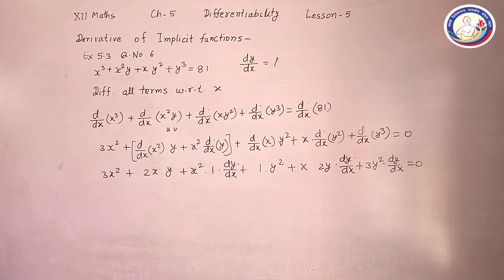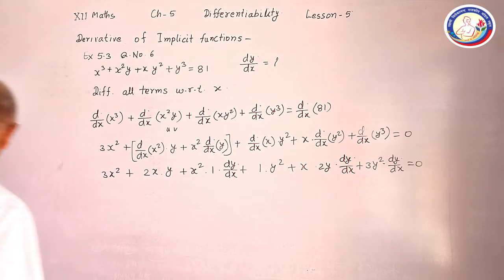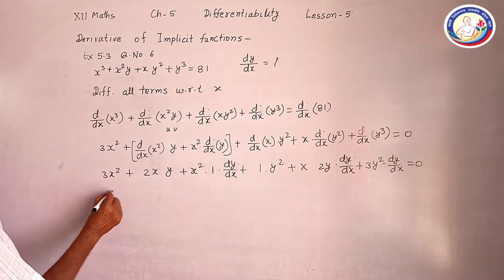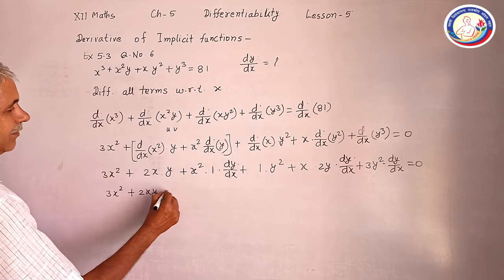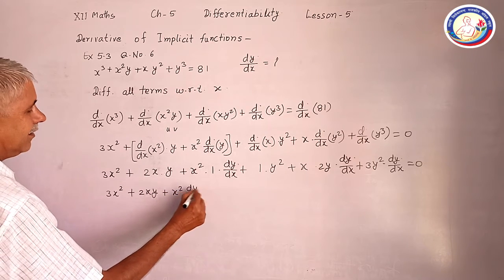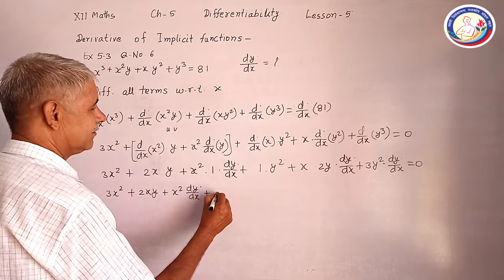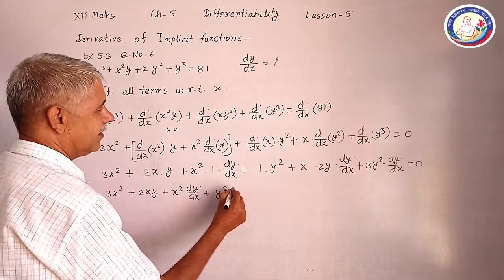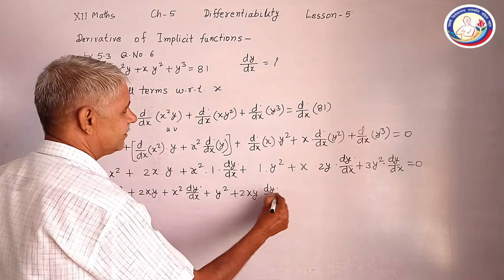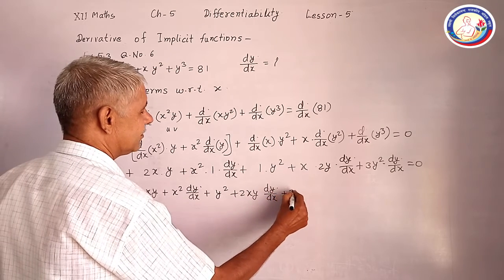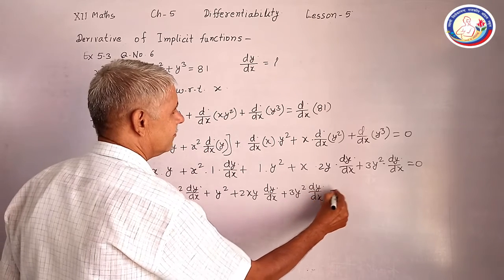Now collect together the terms containing derivative of y with respect to x. Simplifying, we will have 3x square plus 2xy plus x square derivative of y with respect to x plus y square plus 2xy into derivative of y with respect to x plus 3y square derivative of y with respect to x, 0.